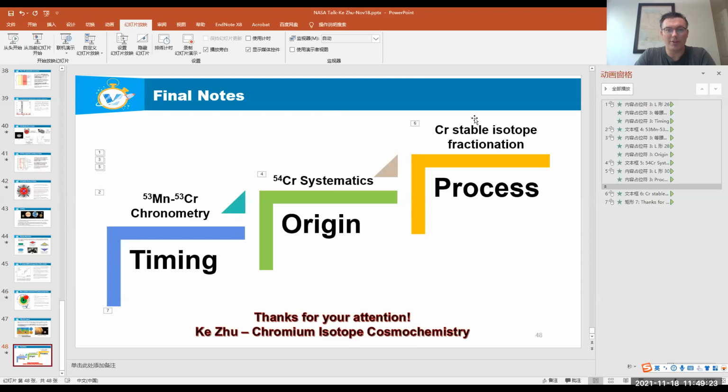We do have a question from Serena Goodrich. Did your manganese-chromium dating indicate that CC chondrules formed 0 million years after CAI, or that their precursor materials formed then? Yes, this is a good question.